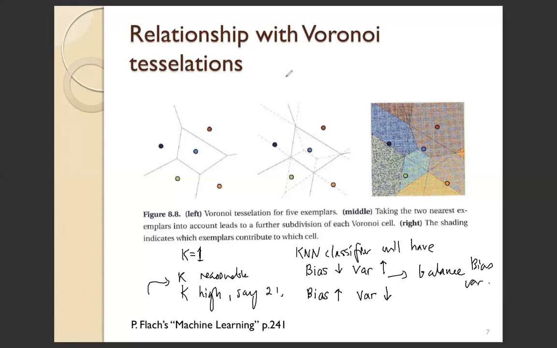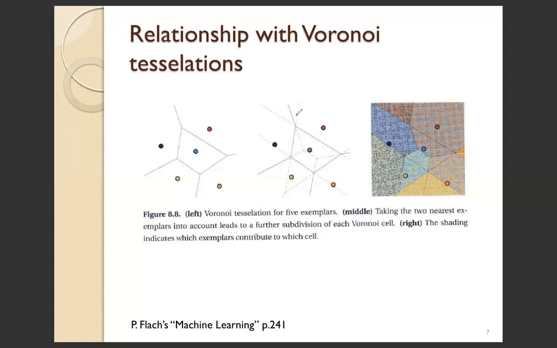Now, how do we understand this? If you have k equals 1, then what happens is that if you have a test sample, it just needs to look at the nearest sample, and then it will take the label of the nearest sample.